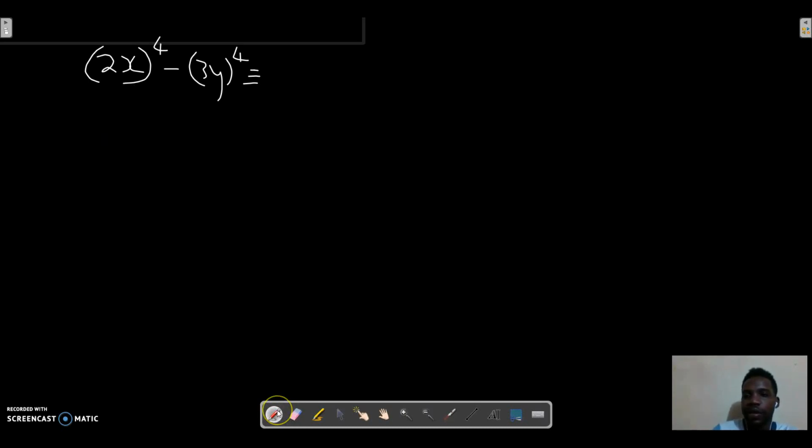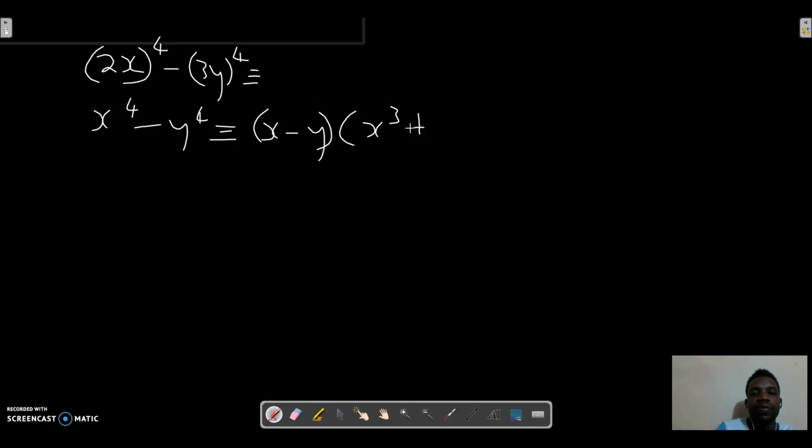I don't want to go back to the entire general thing. x to the 4 minus y to the 4, which is equivalent to x minus y into x cubed. Remember the x counts down and everything here is positive, so you have x squared y plus xy squared plus y cubed. So if you follow the pattern, there's a general pattern developing here.